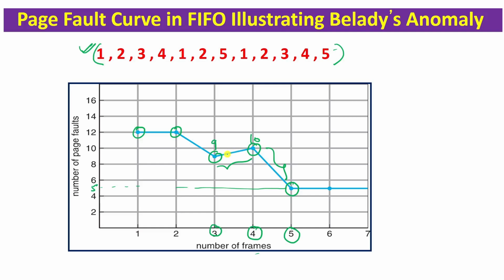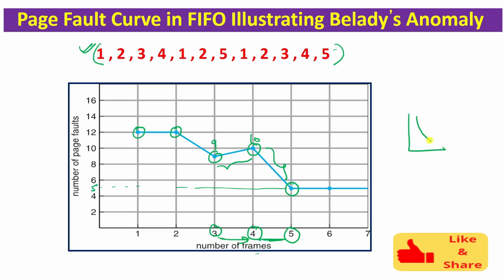So it does not mean that FIFO will always have this type of behavior that if we increase the number of frames, the number of page faults will go on increasing. No, it can occur sometimes. Here it was not present, but when we are increasing from 3 to 4, it was present. So our usual behavior was that page faults should decrease, but here it is increasing. I hope you have understood what is Belady's anomaly.